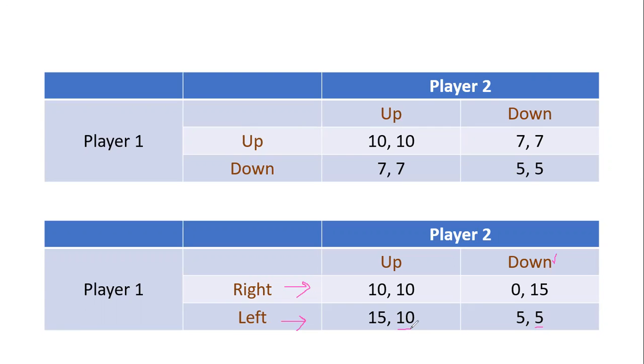He should opt for 10, that is, for playing up. Now, we can see that player 2 has no single strategy which always generates the optimal outcome no matter what player 1 does. So in this case, player 2 has no dominant strategy.